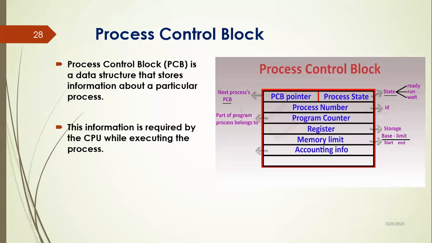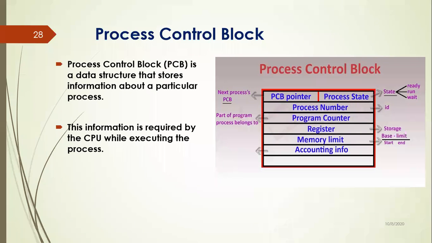Now the block which contains the information about the process, that block is called a process control block. So just now we have learned that the new state is there, means when you create a process, at that time the operating system will generate one PCB, and each process is having one PCB.